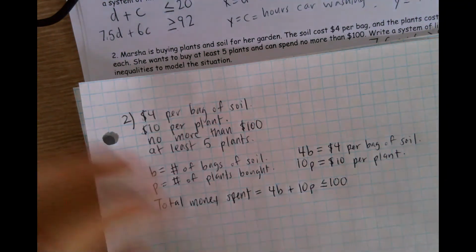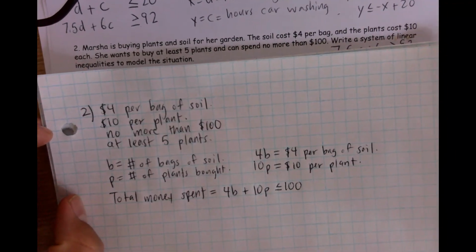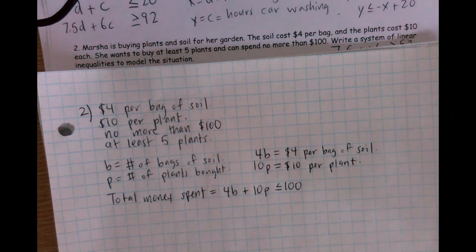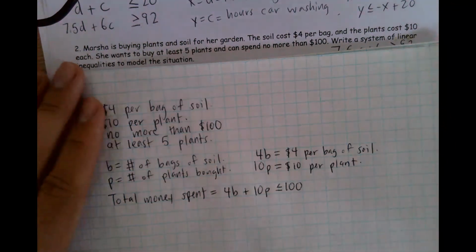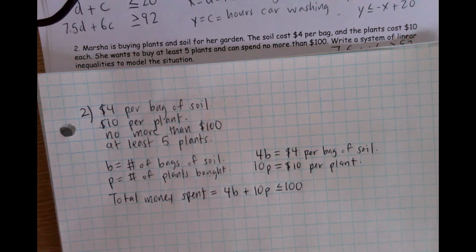So remember, there's a way to describe things if we don't know how much she bought. What do we call that in math? It's a variable, right? Look at the variables you have written down. How do we describe the bags of soil she bought? Just B. So B describes the total amount of bags of soil.